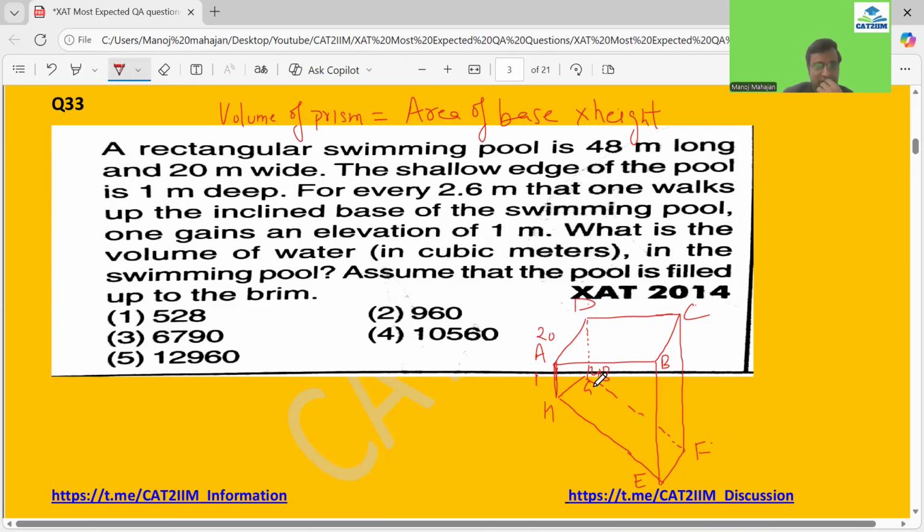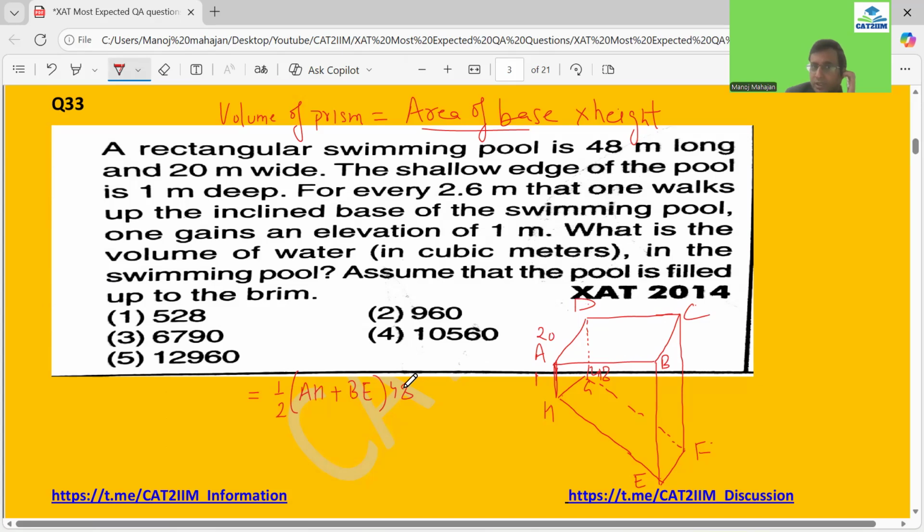So remember that the area of cross section throughout should be the same in the case of the prism out here. So this figure ABEH is a trapezium, right? So to get the area of the base, what we have to figure out is half the sum of the parallel sides, one is AH, one is BE, and the distance between the parallel sides, which is 48 over here.